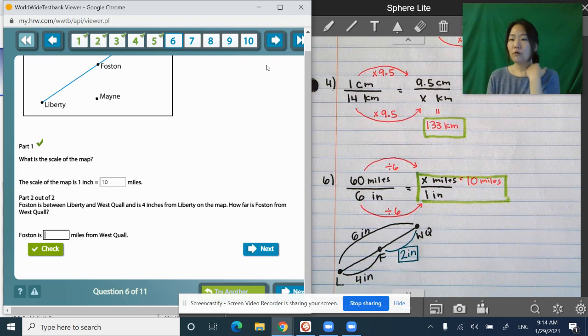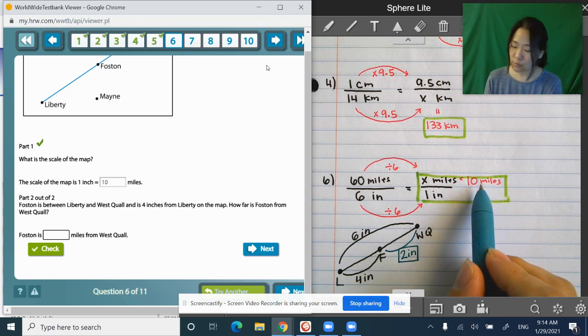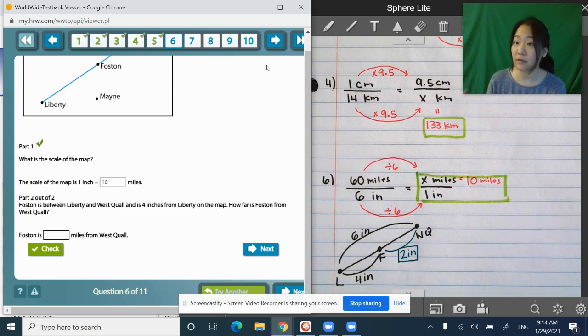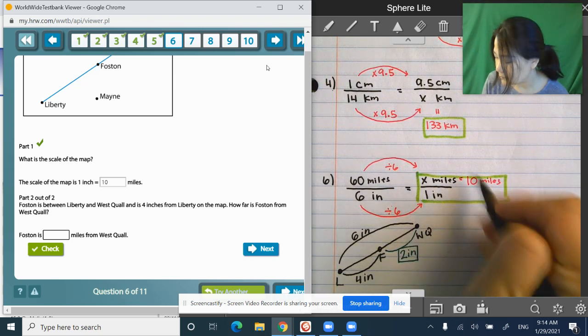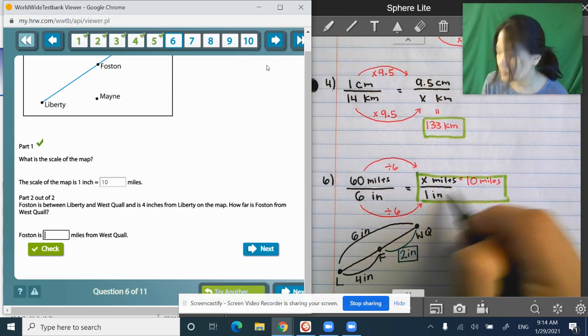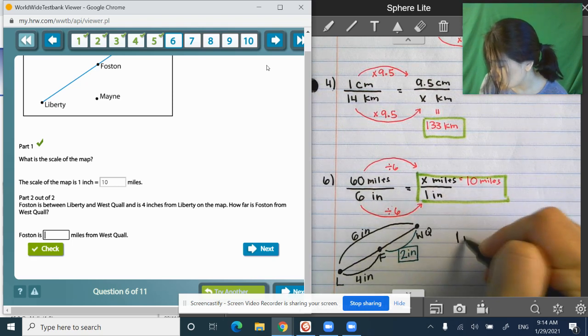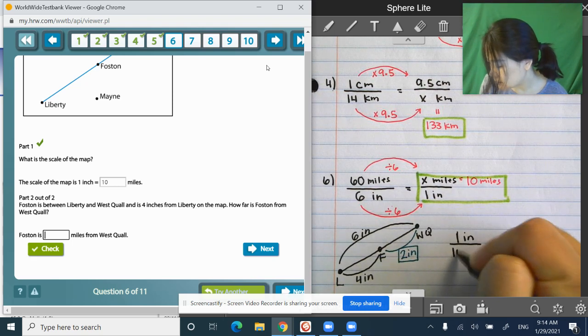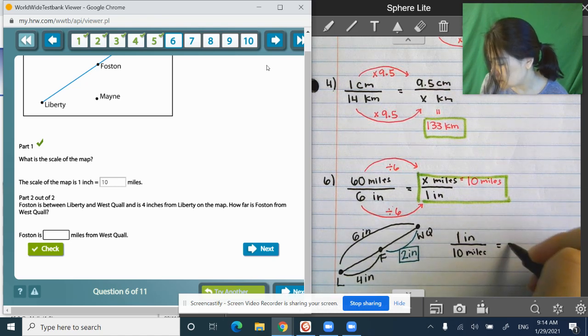We already have the scale. The scale is 1 inch represents 10 miles. So we can use that to write another proportion. I'm going to put 1 inch on top, 10 miles on the bottom, because that's what most of our scales have been.